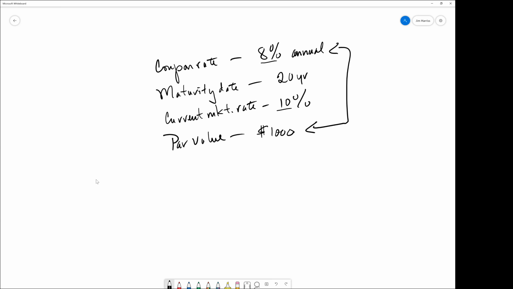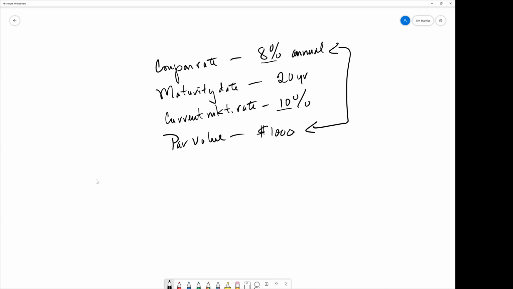So you're going to get a built-in capital gain. And I'm going to show you that the price that the bond will sell at is going to equal 10% because of the capital gain, discount, and the 8% coupon. So what you've done is, if you think 10% is a good rate, you just locked it in for 20 years instead of 3 to 6 months.